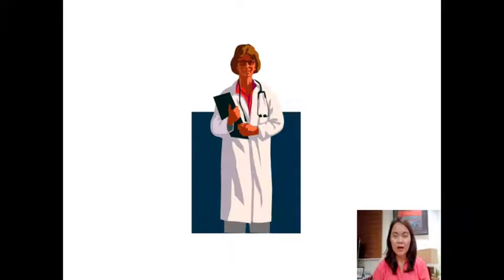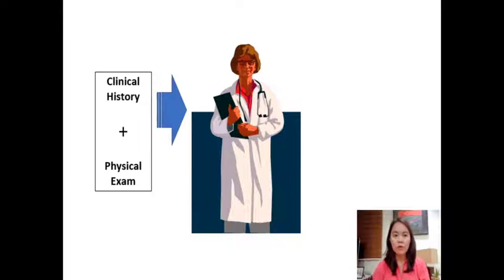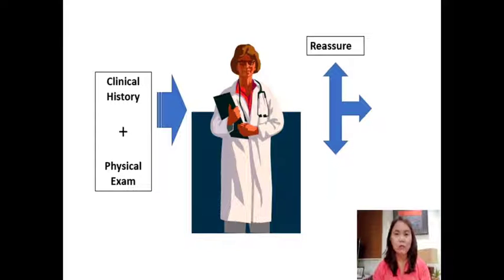Now let us look at what usually happens in the clinics. With each patient encounter, with the proper clinical history and physical examination, we usually obtain enough information for us to decide on what to do next for our patient. We could actually do one of three things. First, we can reassure the patient that no further diagnostic testing or treatment is necessary and observe the patient.